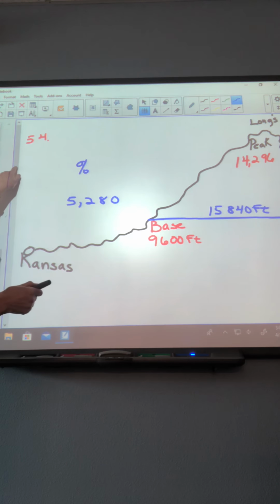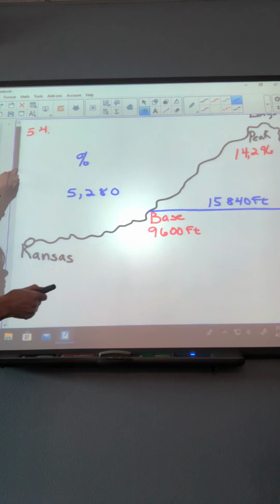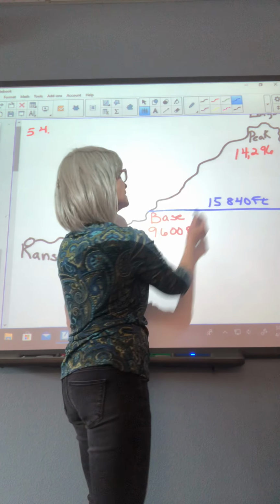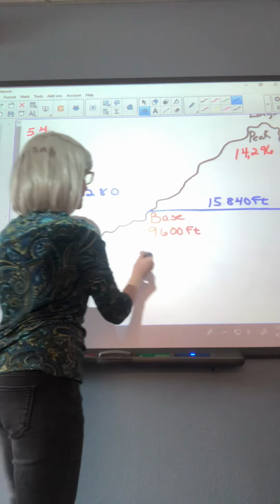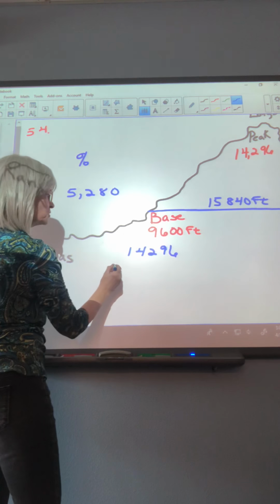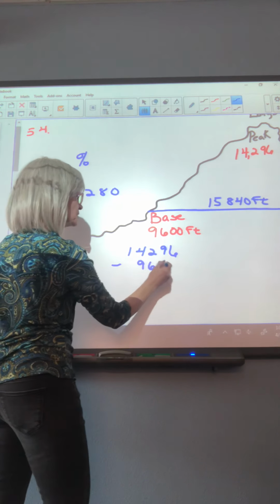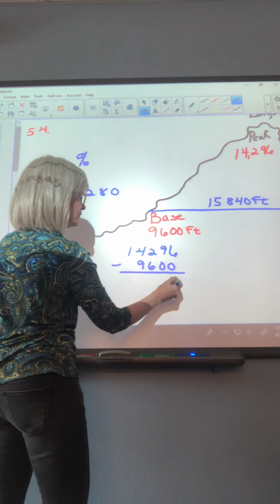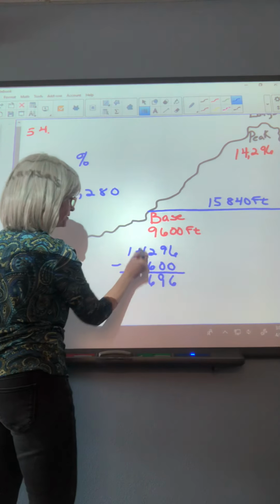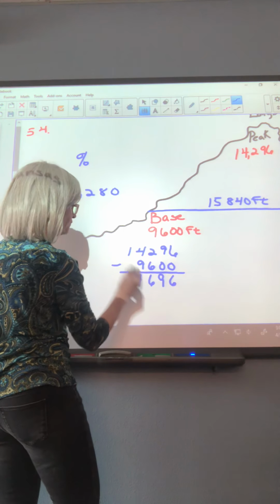So we're looking for our rise. We don't really know right now what's the difference between the base and the peak. So we're going to go ahead and just find out by subtracting those two numbers. 6 take away 0, 9 take away 0, 12 take away 6 is 6, 13 take away 9 is 4.